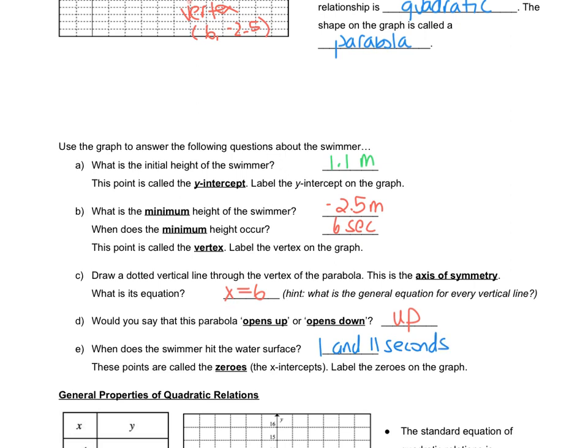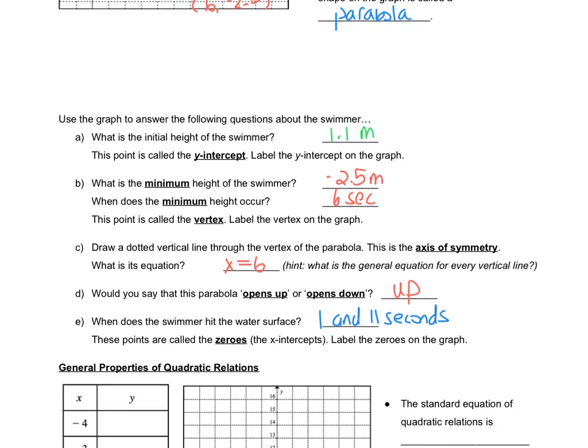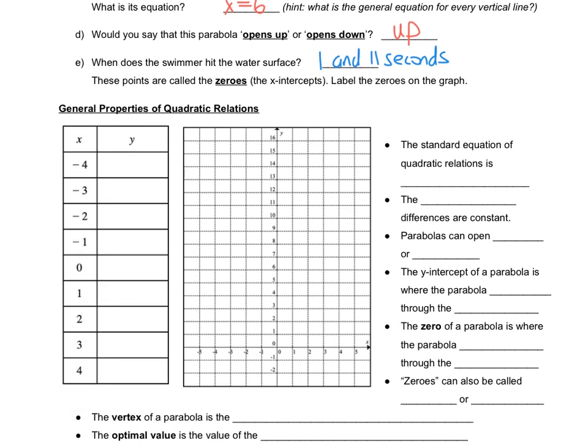Okay, so let's take this word problem and summarize it for the general properties of a quadratic relation. First thing, the standard equation of a quadratic relation is y equals ax squared plus bx plus c. And I'm going to highlight this x squared term.